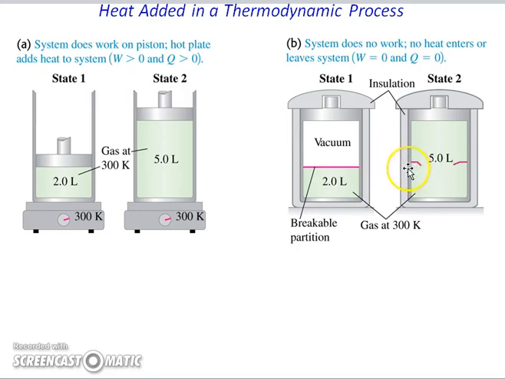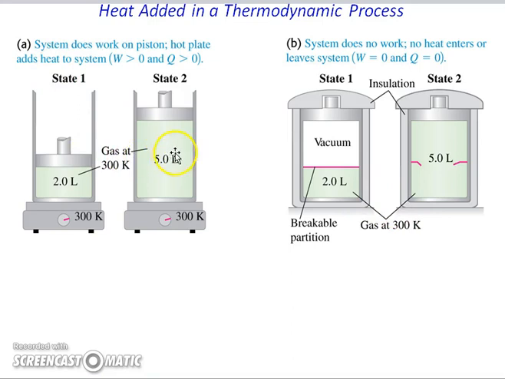This uncontrolled expansion of a gas into vacuum is called free expansion, and we will discuss this later. Experiments have shown that when an ideal gas undergoes a free expansion, there is no temperature change. Therefore, the final state of the gas is the same as in this figure. So final temperature here is also 300 Kelvin.